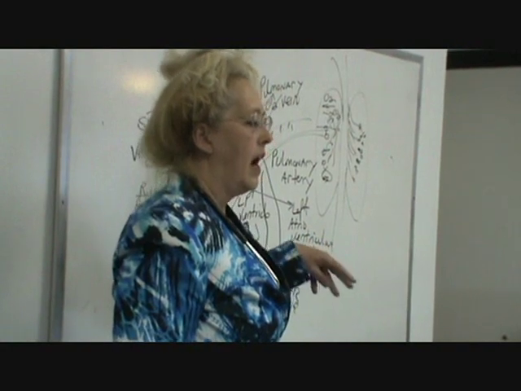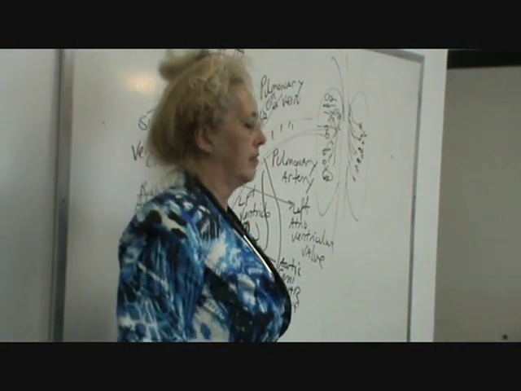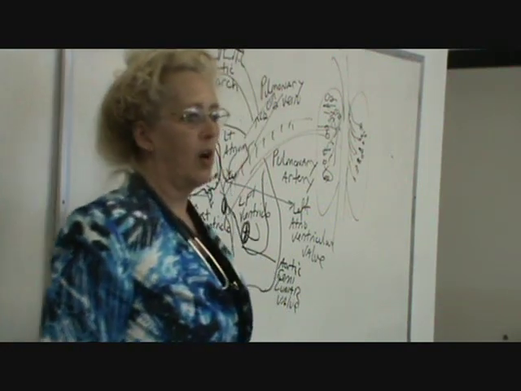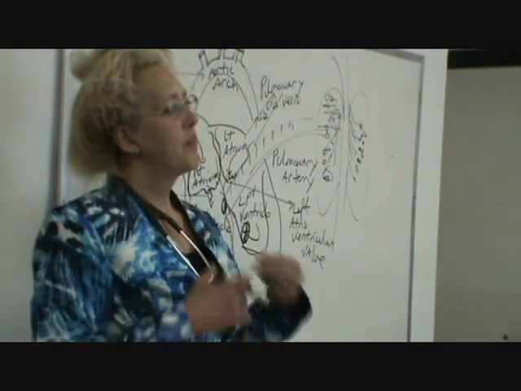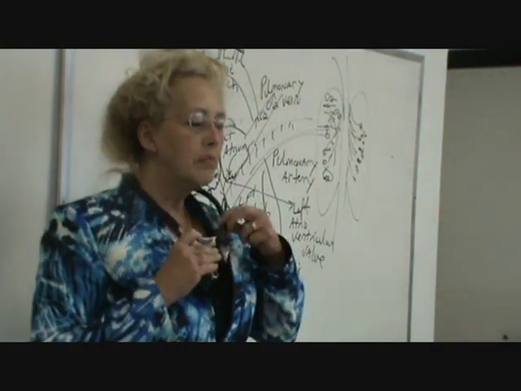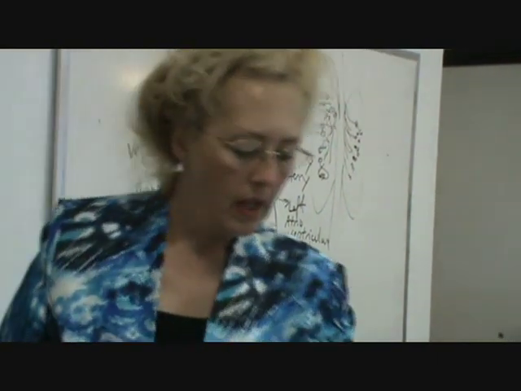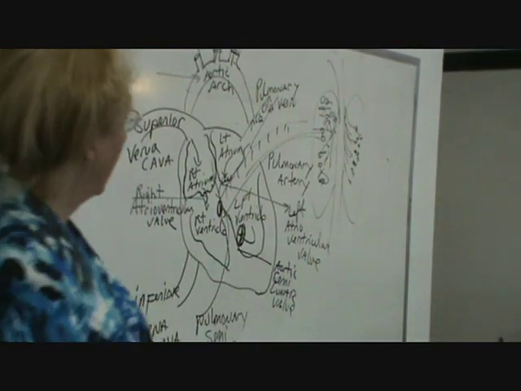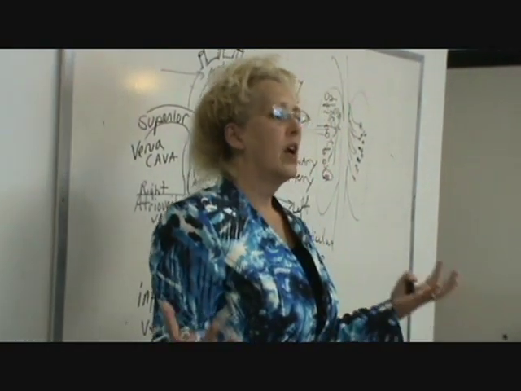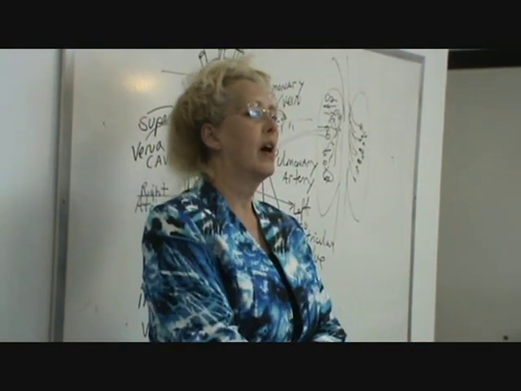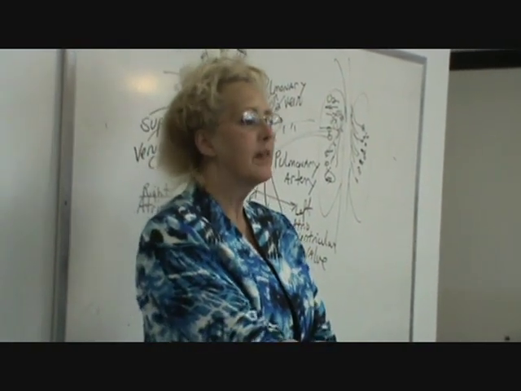The heart muscle is very interesting because, as part of our autonomic nervous system, we know that if we go to sleep, our kidneys still work, our lungs still work, our heart still works, right?